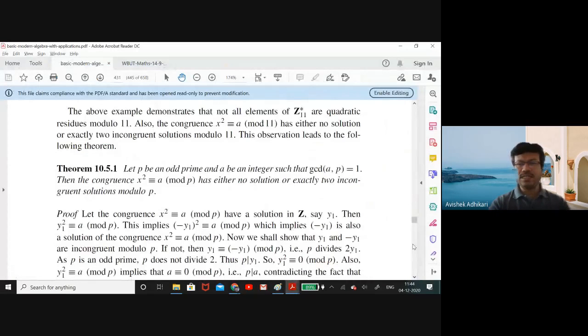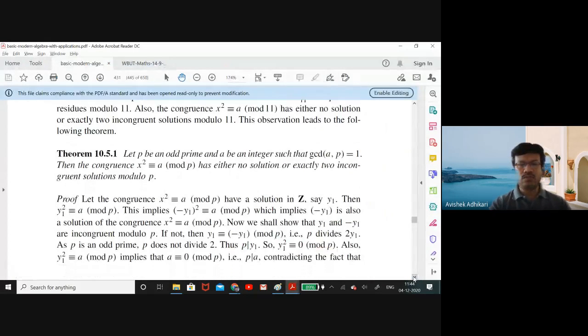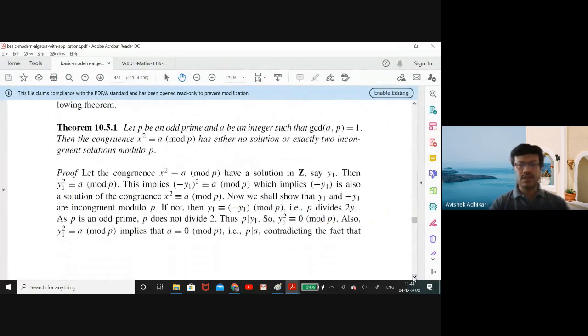Now you can very easily check how to prove this. From your 12th level or first year level, you have already seen this kind of technique. If I want to prove either this holds or this holds, then you start with one and prove it, and automatically the other will hold, right?